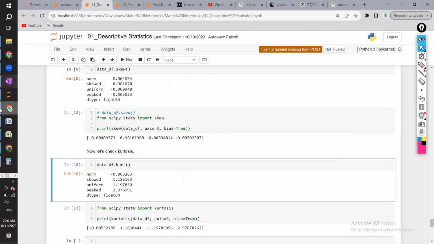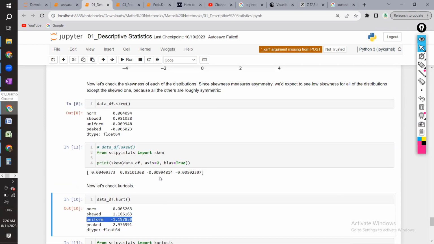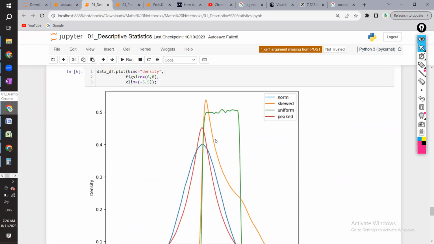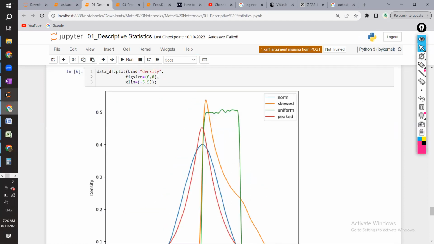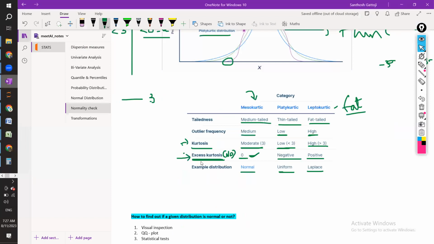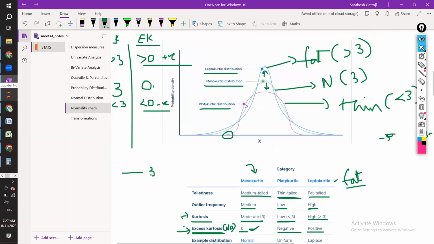If you see the uniform distribution, there are almost no tails at all. Everything is concentrated over here itself. No tails means very thin tails, which comes under negative, or it's called platykurtic. As you can see, it is becoming flat. The uniform distribution is similar to this.